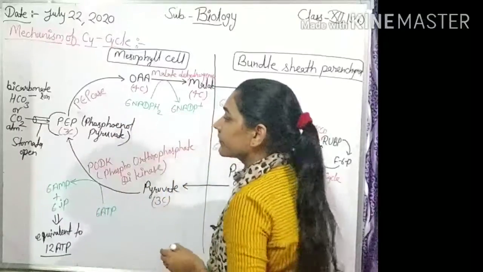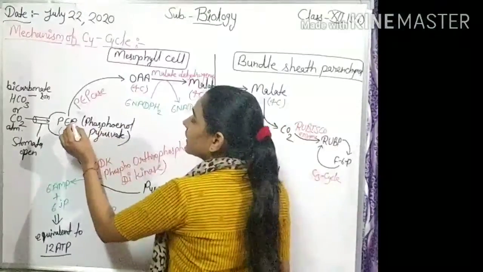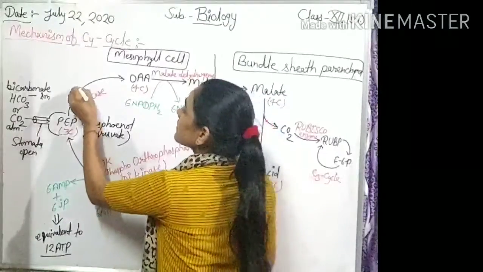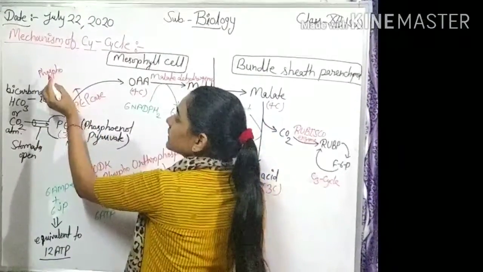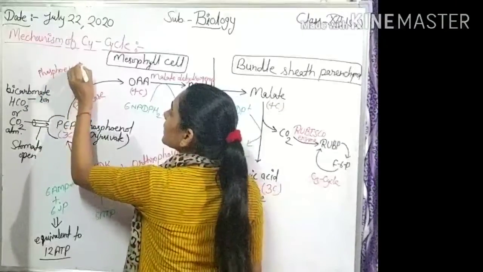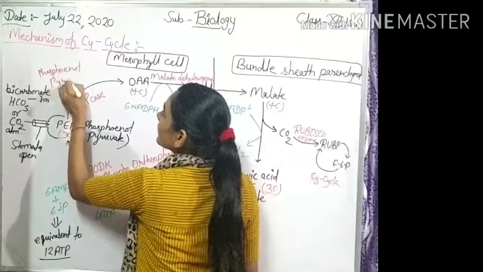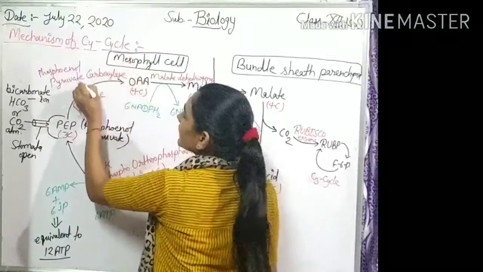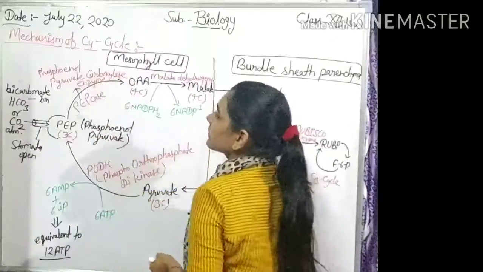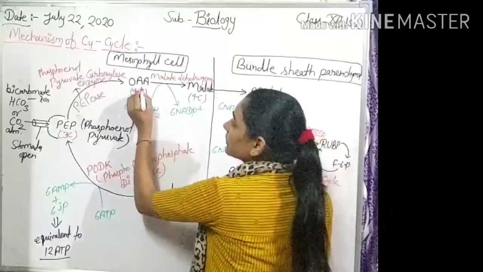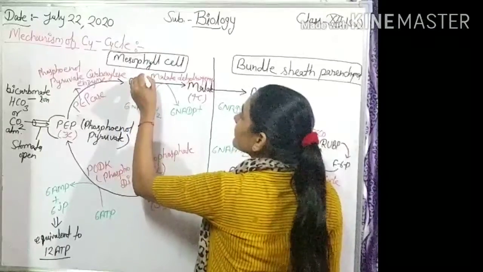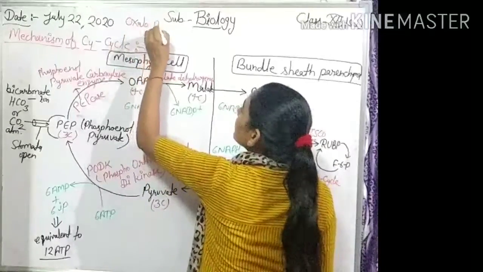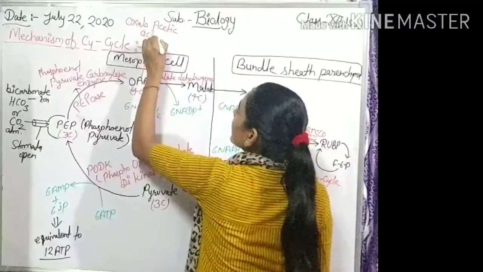Phosphoenol pyruvate reacts with CO2 in the presence of phosphoenol pyruvate carboxylase enzyme and forms a 4-carbon compound, oxaloacetic acid.